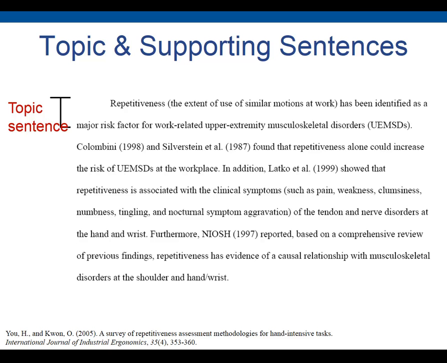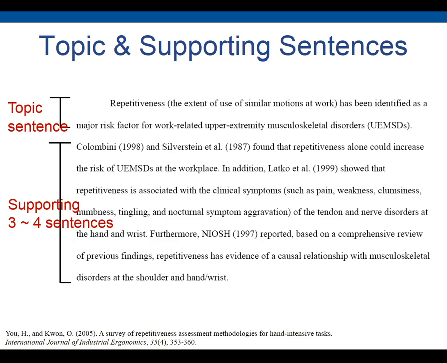As you can see, there is an abbreviation: work-related upper extremity musculoskeletal disorders. We don't want to repeat this whole phrase, so that's why we use abbreviations. The other sentences are supporting the topic sentence. For example, Colombini, Silberstein et al. found something.